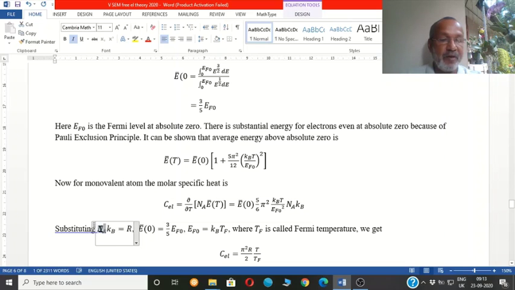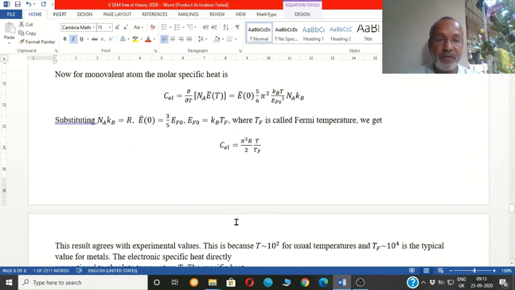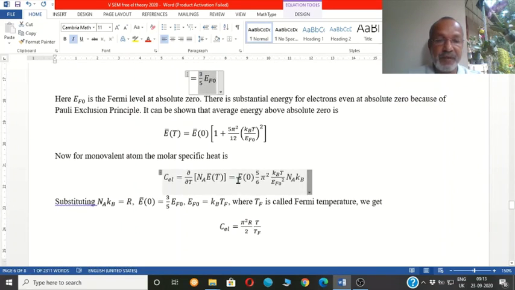kB square can be written in this way, 1 kB combined with the Avogadro number, and if you multiply Avogadro number with Boltzmann constant, you will get the universal gas constant R, and this is kBT, and we will now substitute for E bar 0 as well. E bar 0 is 3 by 5 EF0. So 3 by 5, if you substitute that, then this 5 will cancel, and 3 by 6 will become 1 by 2.